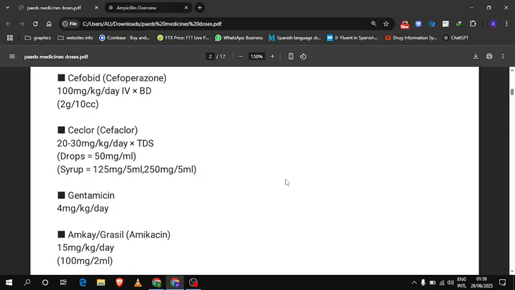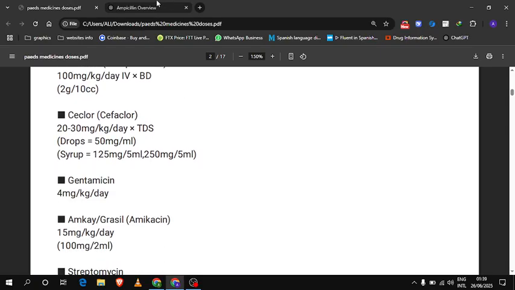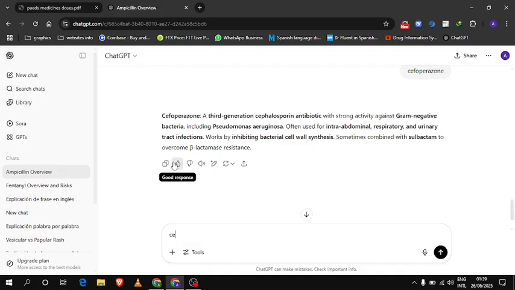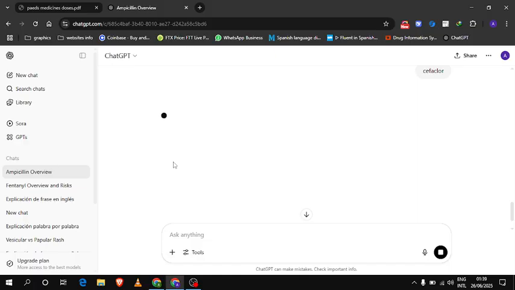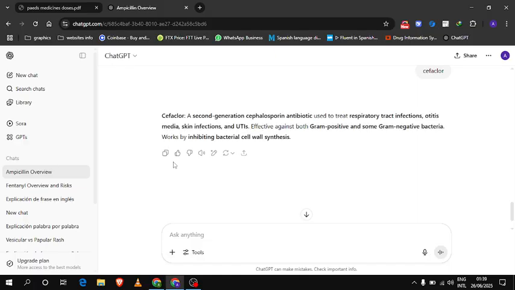Next is cefaclor. Cefaclor, a second generation cephalosporin antibiotic used to treat respiratory tract infections, otitis media, skin infections, and UTI, effective against both gram positive and some gram negative bacteria, works by inhibiting bacterial cell wall synthesis.